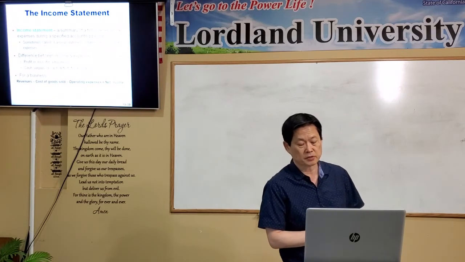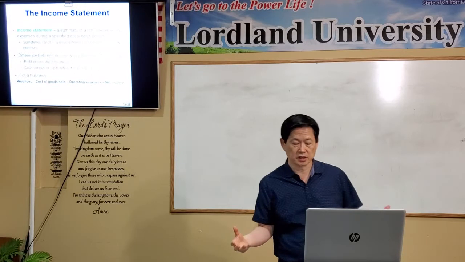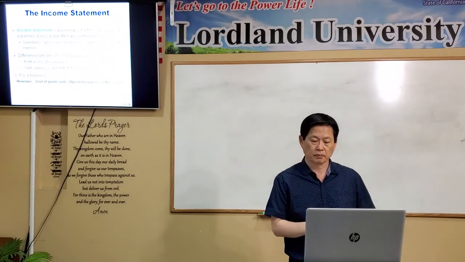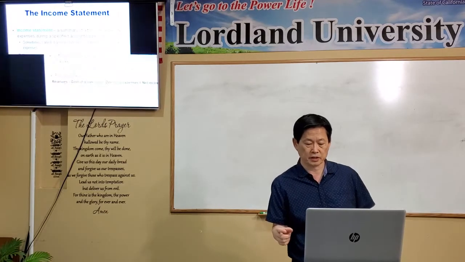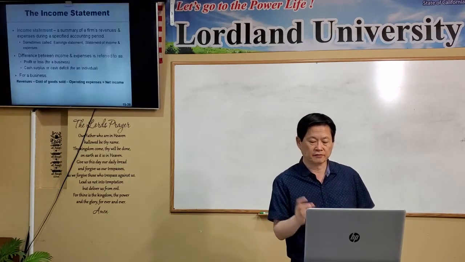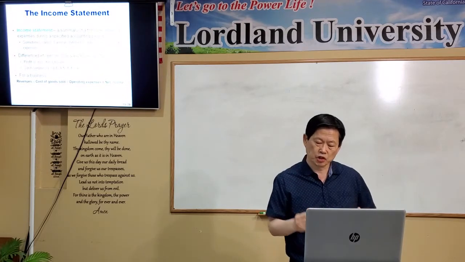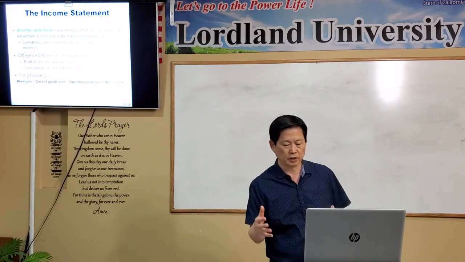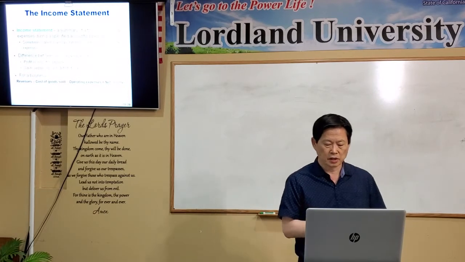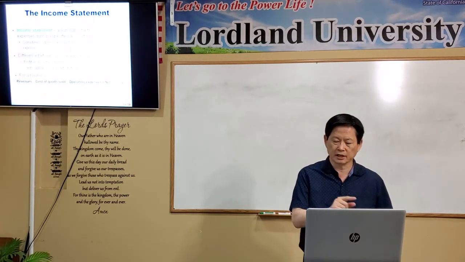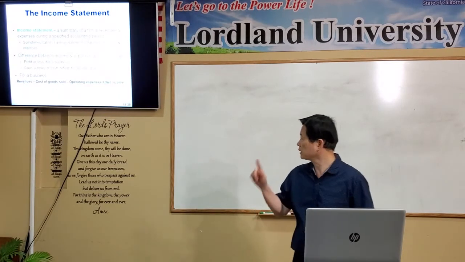The difference between income and expenses is referred to as profit or loss for a business, or cash surplus or cash deficit for an individual. Okay? For a business, revenue minus cost of goods sold minus operating expenses equals net income.